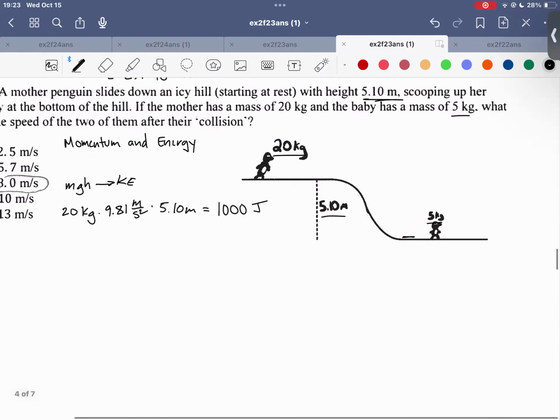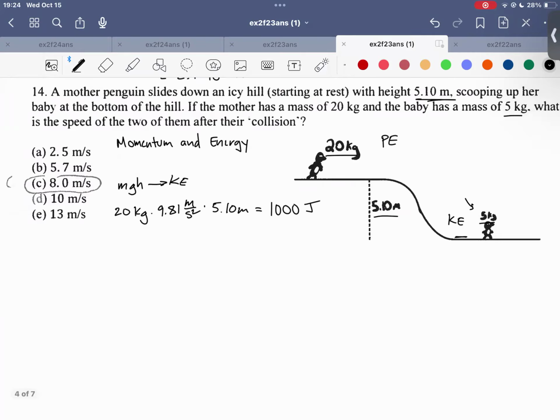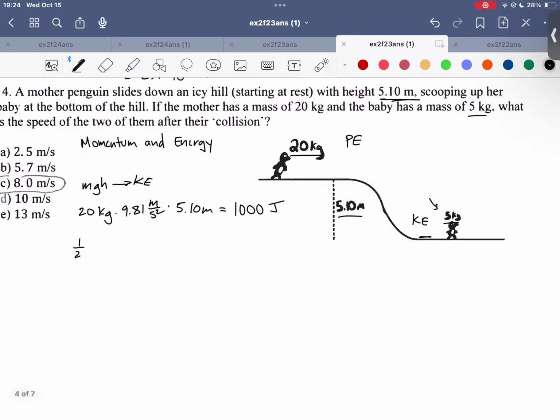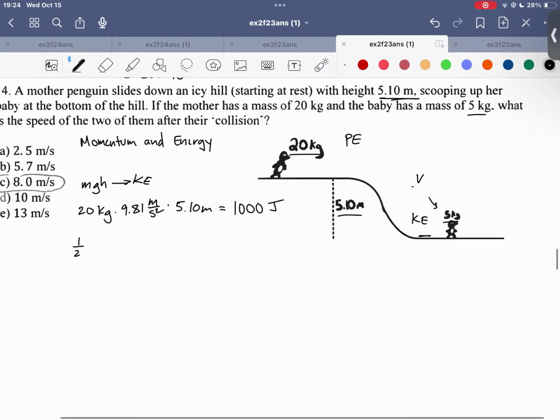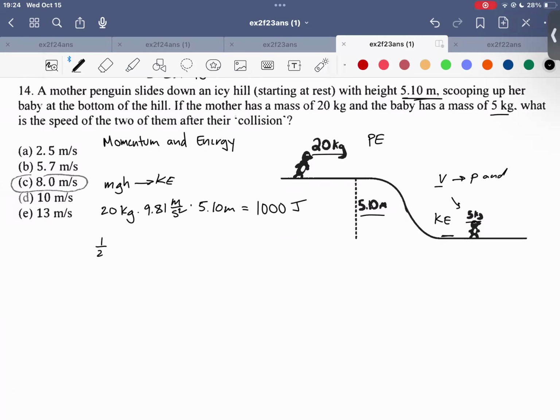So here at this point, potential energy, but right before it hits this penguin, we have kinetic energy. So we can solve for velocity, which will allow us to do momentum and collision, right?